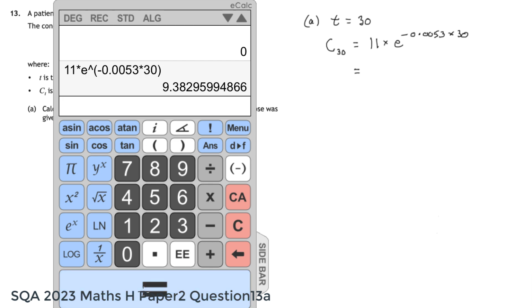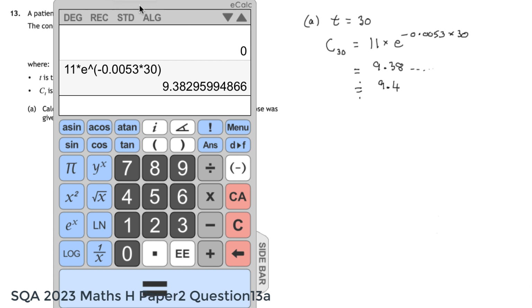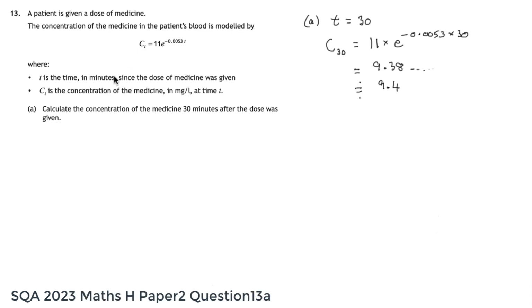So that gives us this answer, 9.38 and so on. So approximately 9.4. The measurement is in milligrams per litre, and we've measured that to 1 decimal place.